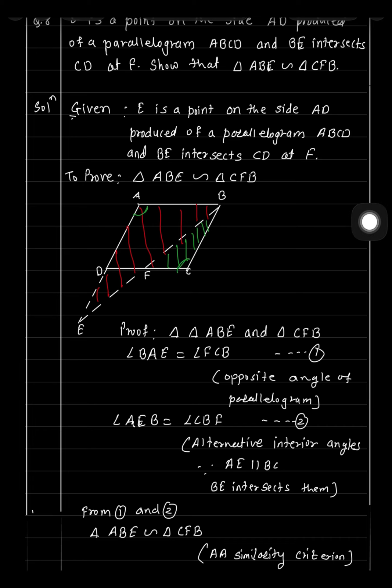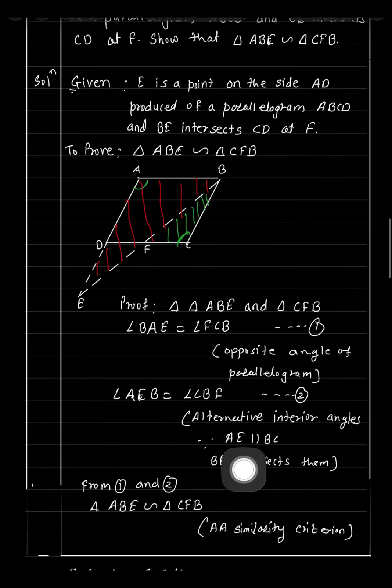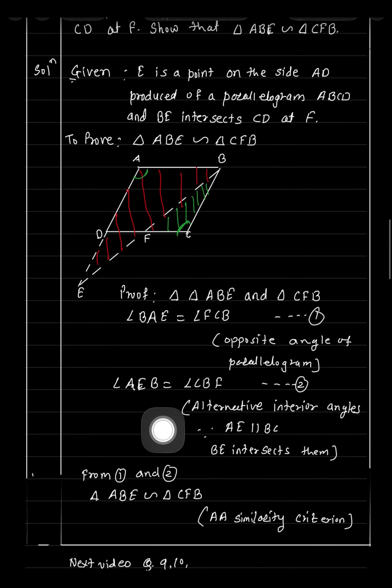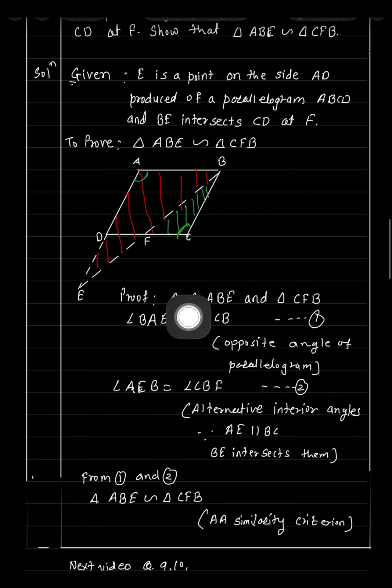What is the property of a parallelogram? Opposite angles are equal. So angle BAE and angle FCB are equal. Then another, AEB, this angle, and another one, CBF.